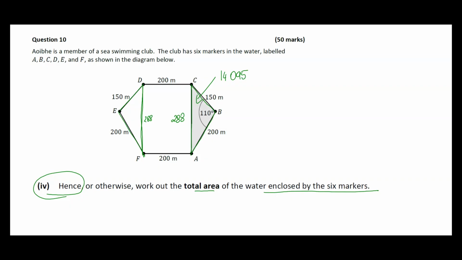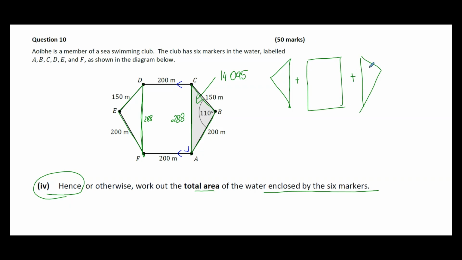How do I know? Because I am told that this line and this line are parallel, and this angle here is a right angle. So what I have inside is a rectangle. So really, we are dividing this area into a triangle plus a rectangle plus another triangle.